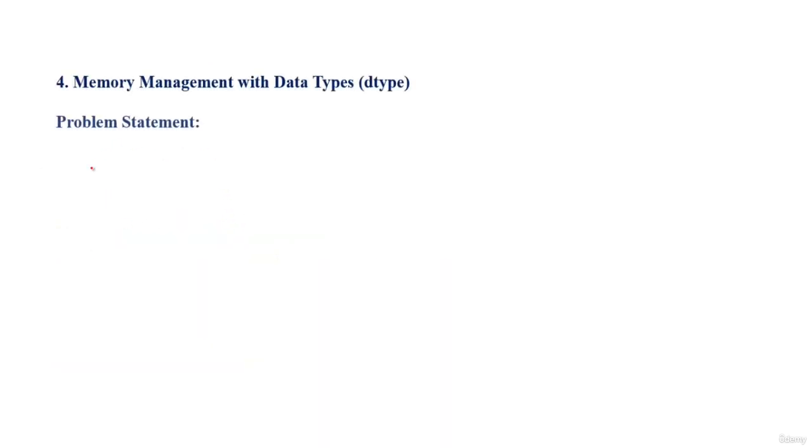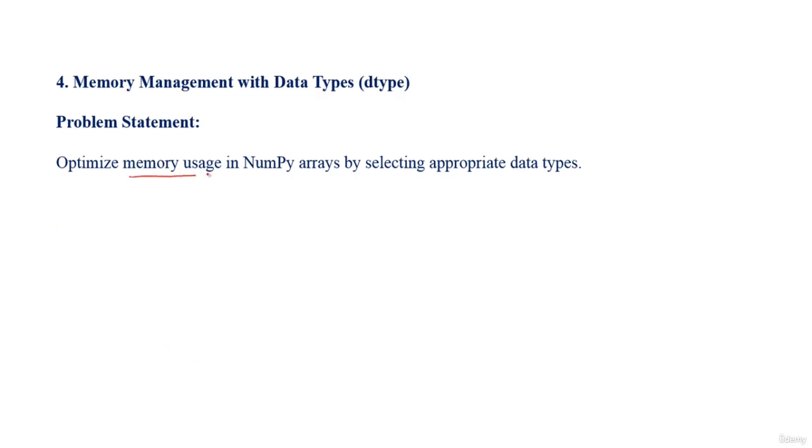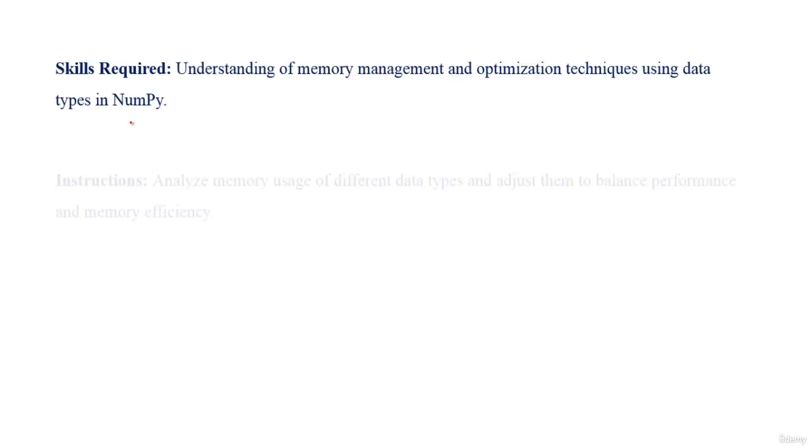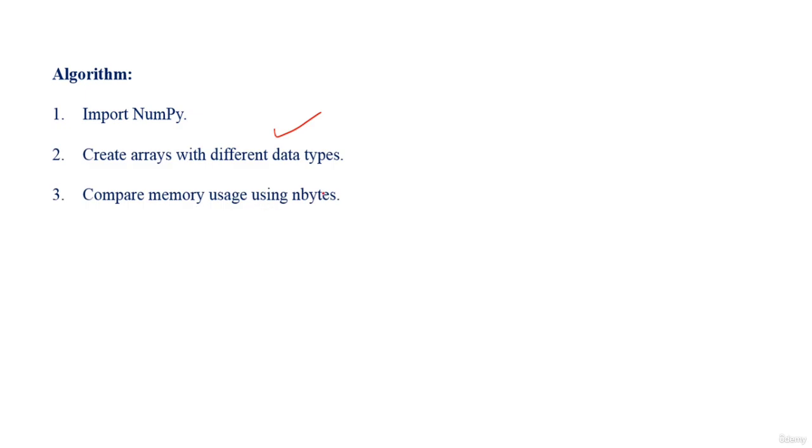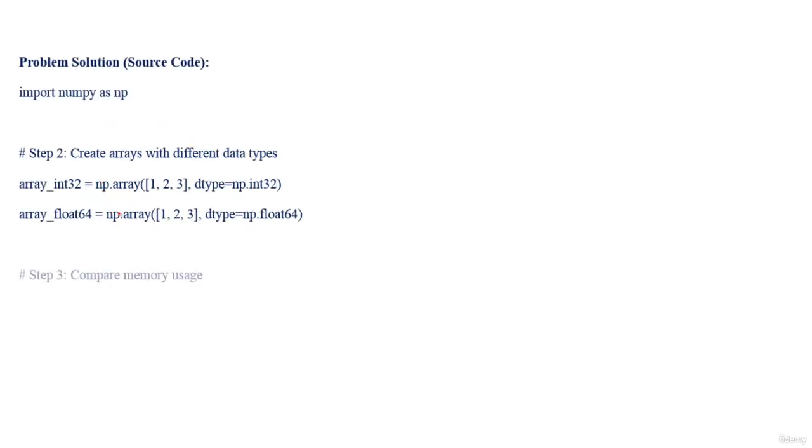The fourth problem statement is to optimize memory usage in NumPy arrays by selecting appropriate data types. Skills required and instructions. Algorithm steps: import NumPy, create arrays with different data types, compare memory usage in bytes, and print the memory usage for each array. These are the algorithm steps I will follow in this solution. This is the problem solution.